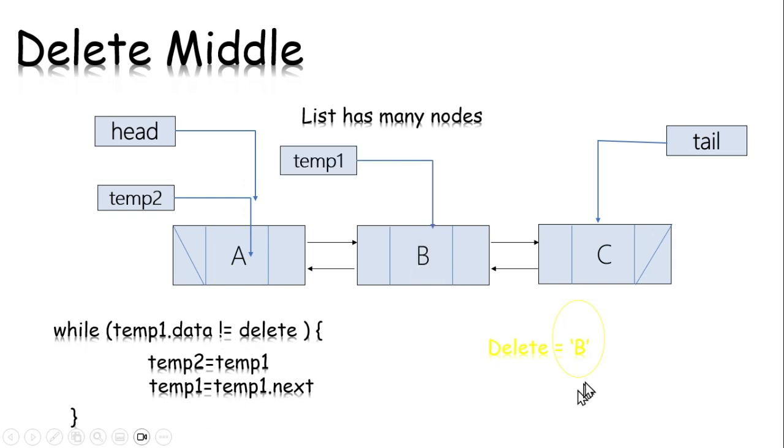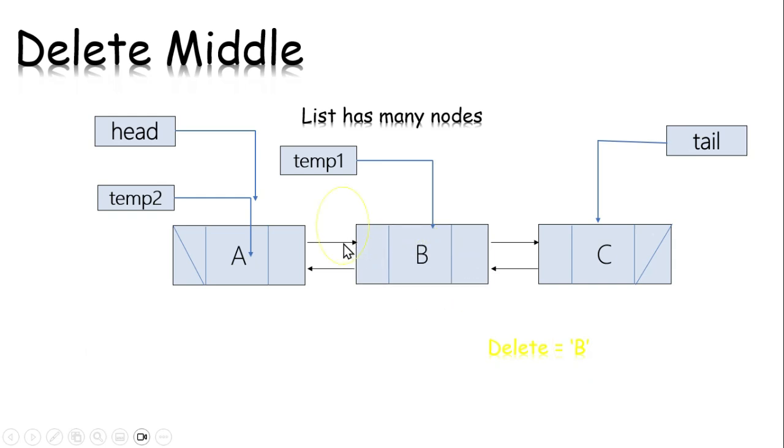Temp1.data, which is B, is compared to the delete value, which is B. Since it is the same, now we have found the data to be deleted, which is in this node. To delete this node, we have to instruct the next pointer belonging to A to point to the node that holds C. To do that, we give this instruction: temp2.next equals temp1.next. By giving this instruction, our visualization will look like this.